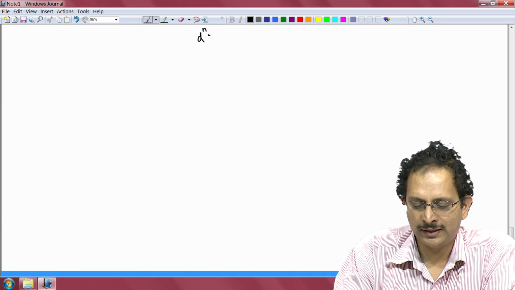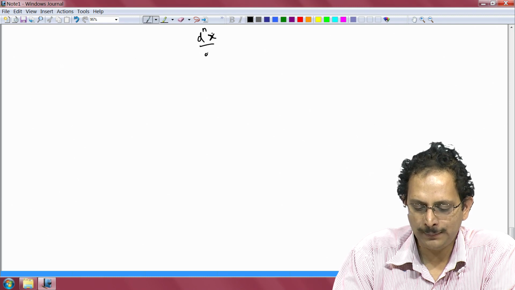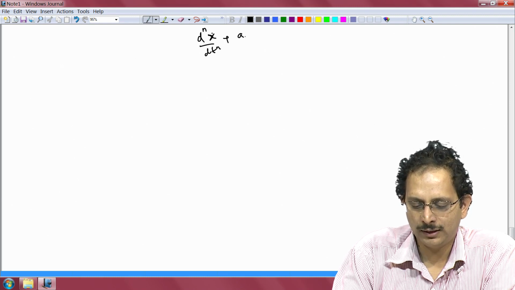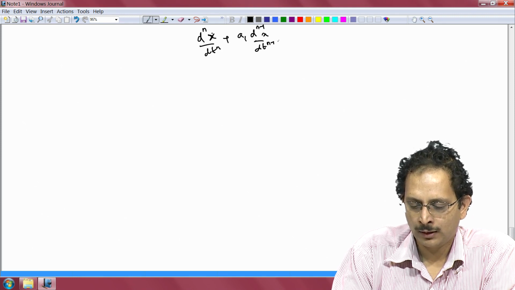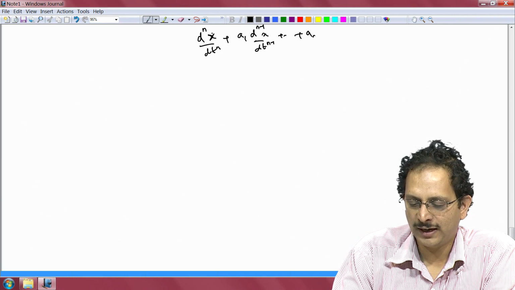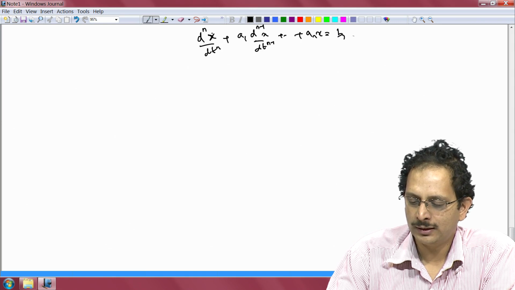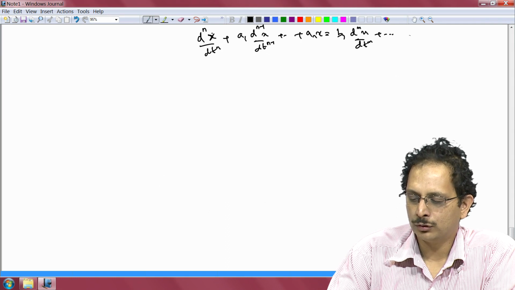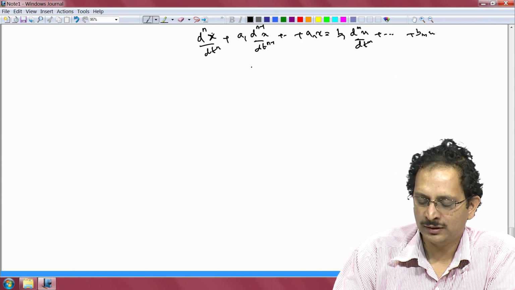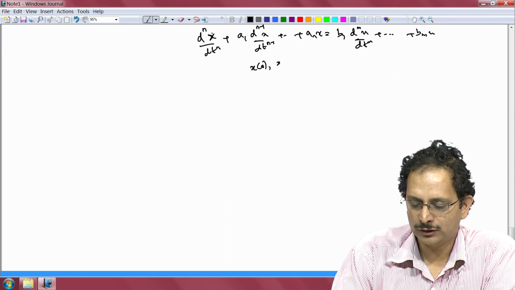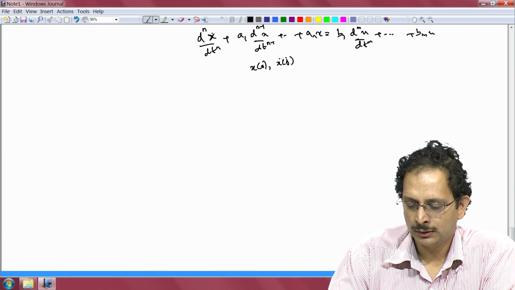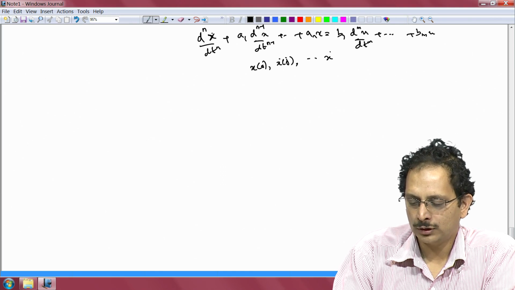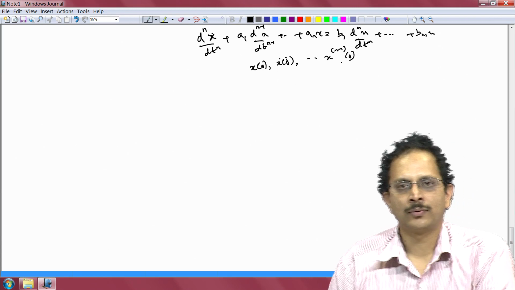So the nth derivative of x with respect to time plus a1 times the n minus 1th derivative of x with respect to time, and so on and so forth, plus a n x is equal to b1 times the mth derivative of u with respect to time, and so on and so forth, plus bm u, with n initial conditions x of 0, x dot of 0, and so on and so forth up to x n minus 1 of 0.